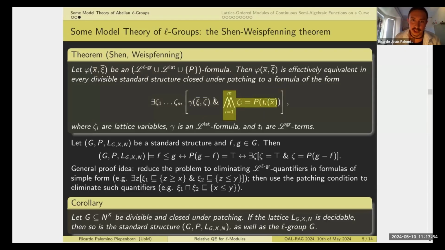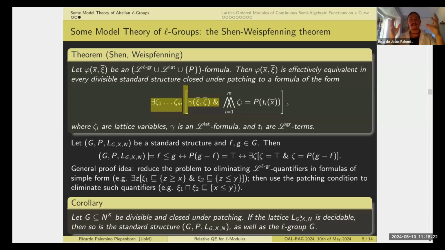So in particular, this conjunct over here does not appear in the equivalent formula. And so we're just left with a formula which is purely on the lattice. It's a formula about the lattice of zero sets. And because we know that the lattice of zero sets is decidable, I can decide whether this formula is true or not in the standard structure, right? So that's the idea of the decision procedure.